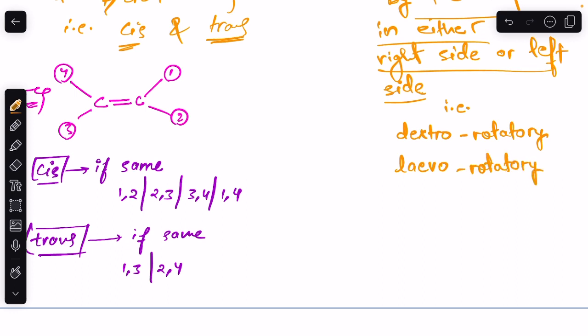Dextrorotatory compounds are those which rotate the plane polarized light to the right side, and levorotatory compounds are those in which the plane polarized light rotated by the organic compound will be on the left side.